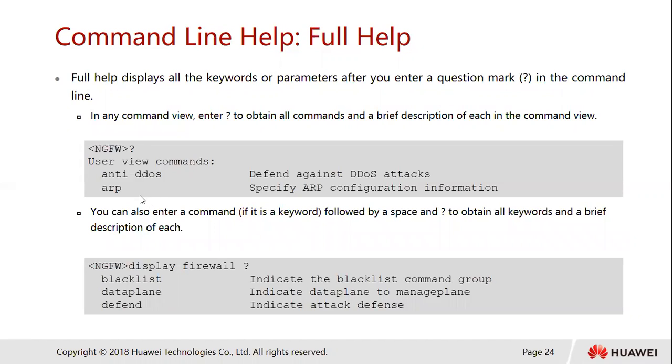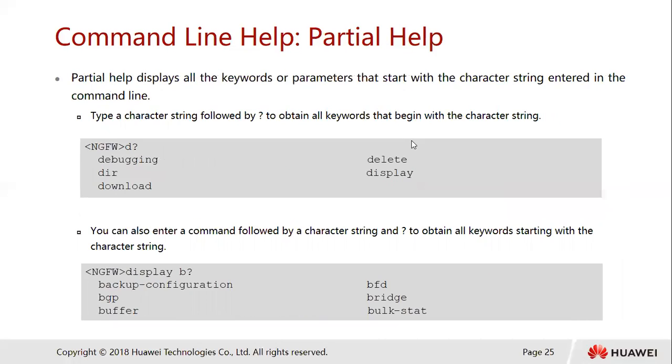Once you look at these commands, you'll be able to know which command you are going to pick. So you can start the command as display firewall, and then here you have forgotten the command. What do you do? Question mark, and then you'll be able to list the commands, look at them and choose the right one.